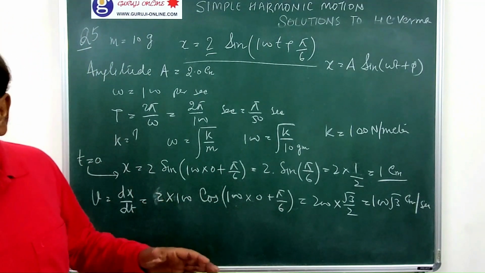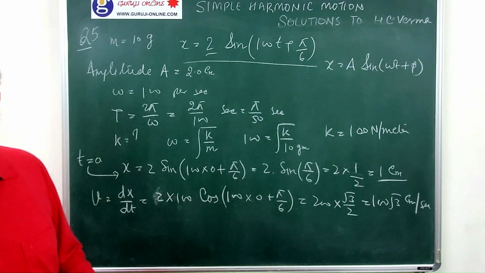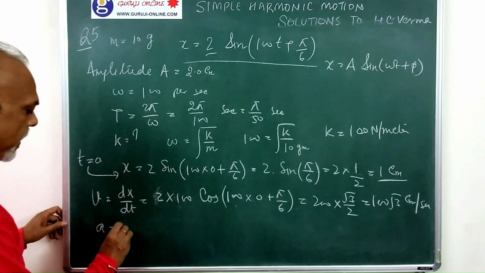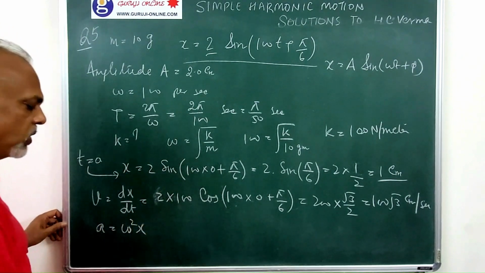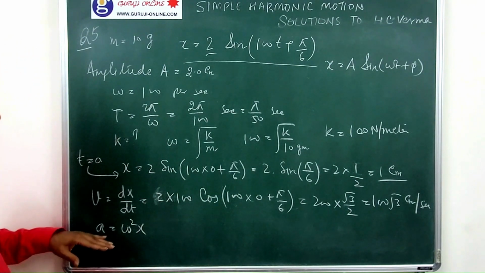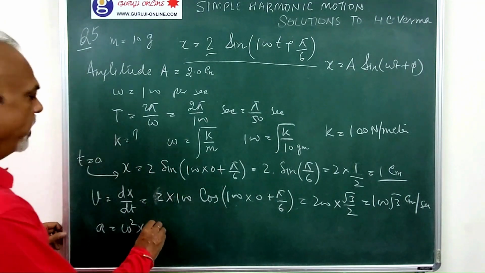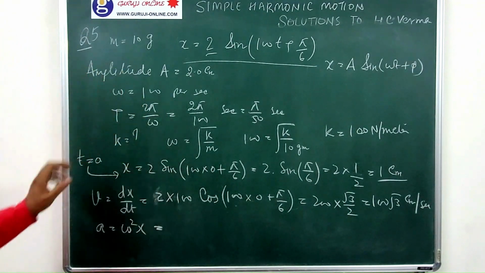Correct. Now another thing remaining is we have to find the acceleration at t is equal to 0 also. Acceleration we know is omega square x. Here we are taking only the magnitude of the acceleration. What is omega? Omega we know is given as 100.